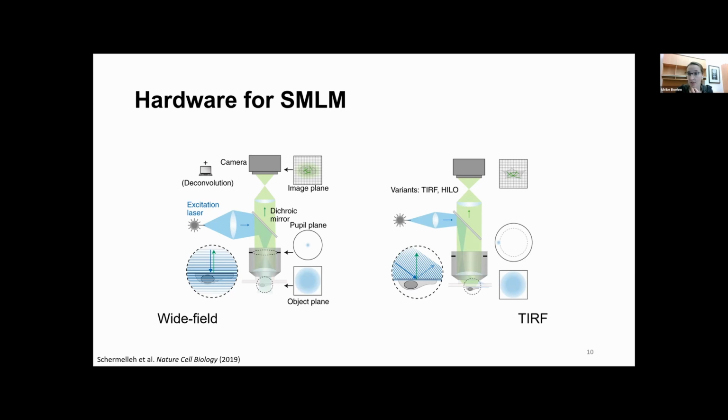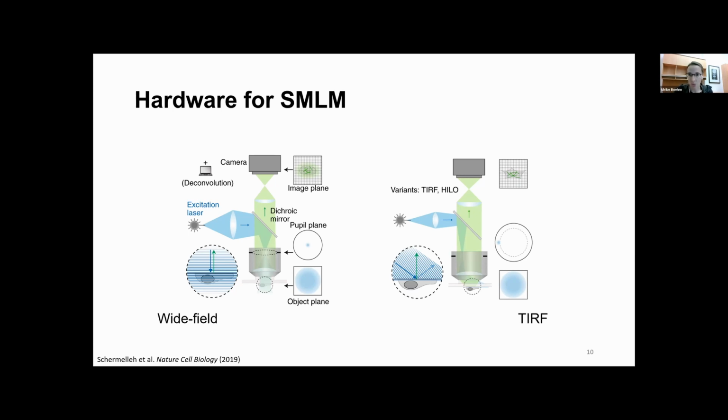So it's a quite fast way to take an image in comparison to the scanning approach. But unfortunately, with a wide field camera, you quite often also have a little bit of background. In order to enhance the quality of single molecule localization microscopy images, people usually illuminate the sample via total internal reflection in order to get rid of quite some background.